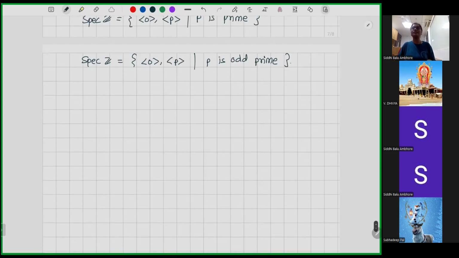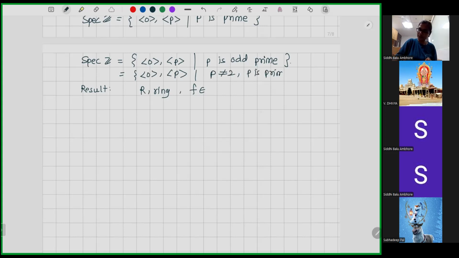So in general, the result is that if R is some ring, and okay, so this is clear, right? Or we can write P such that P is not equal to 2, P is prime, just to avoid any confusion.